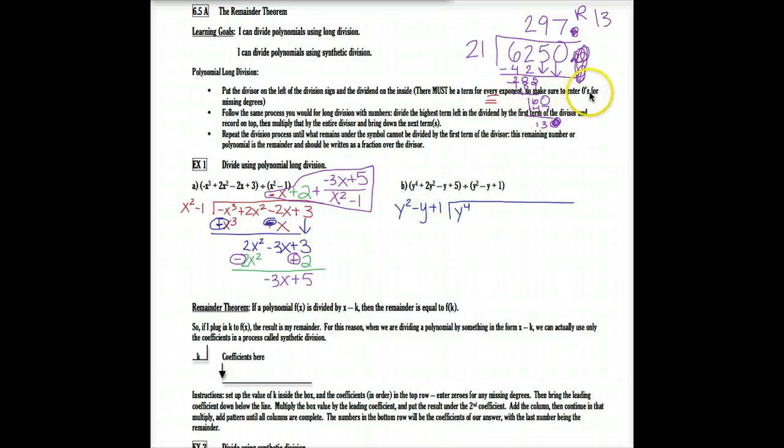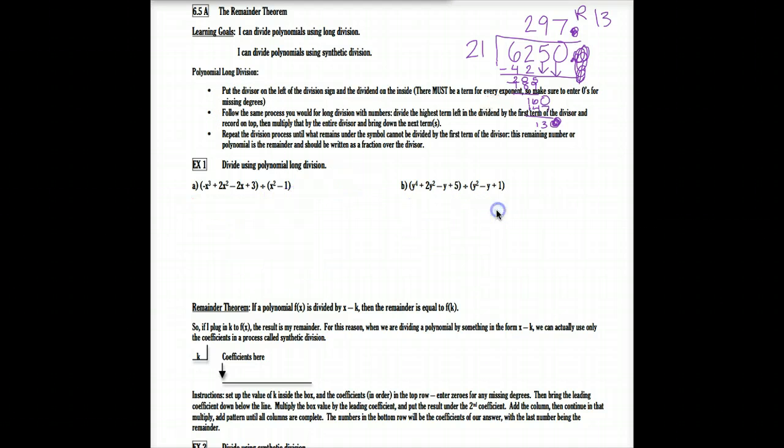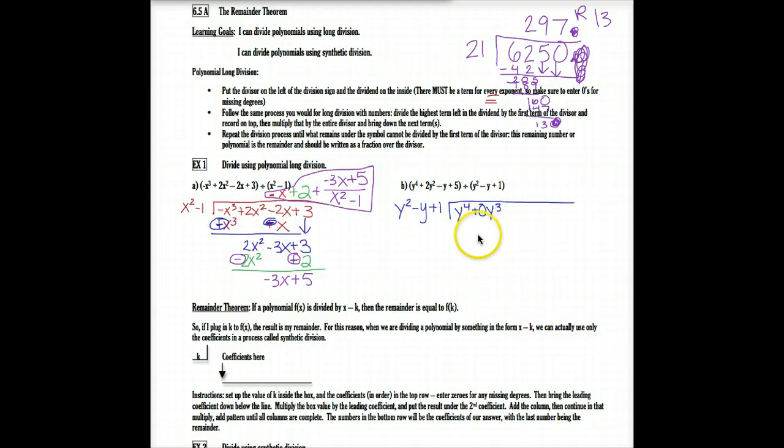Make sure to enter zeros for any missing degrees. So I need to write plus 0y cubed because it has to go down in order. Everything gets messed up if you don't have a placeholder for missing degrees. So after cubes are squared, so I have 2x squared there, or y squared rather. Then y to the 1st, that's this term, so negative y, and then my plus 5.